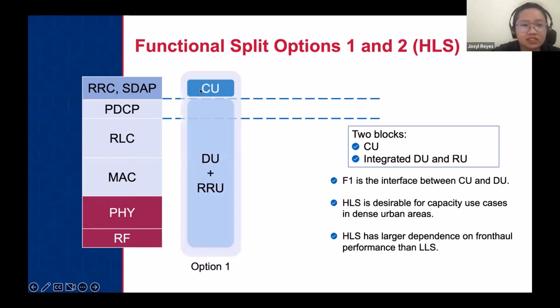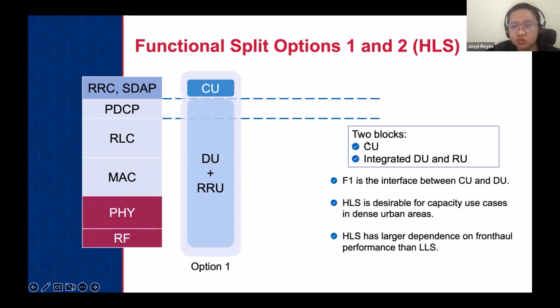You can see here the centralized unit is in charge of the SDAP and the RRC, and yung remaining protocols, or remaining RAN layer protocols, are hosted at the DU and RRU. So the DU and RRU can be co-located, or they are also referred to as RDU.